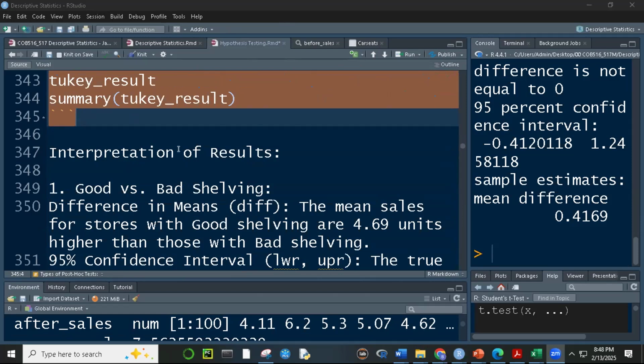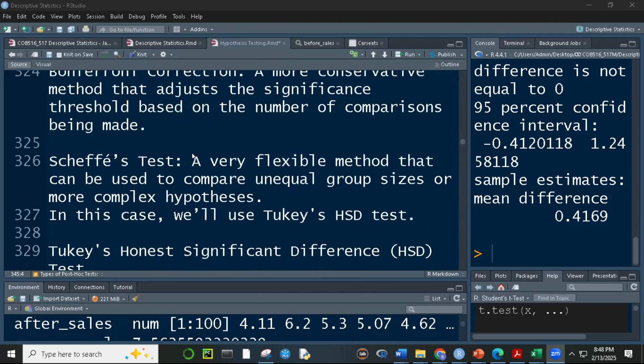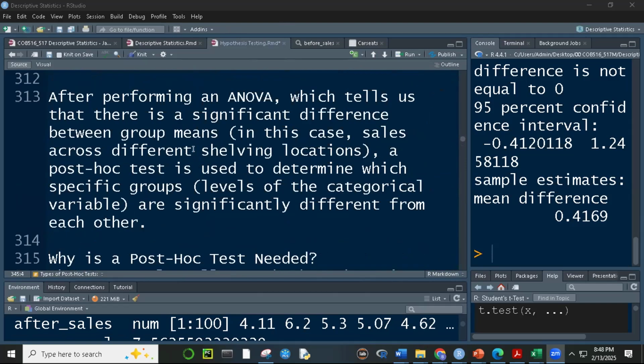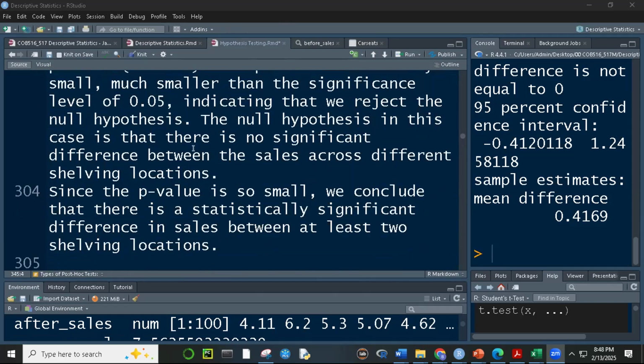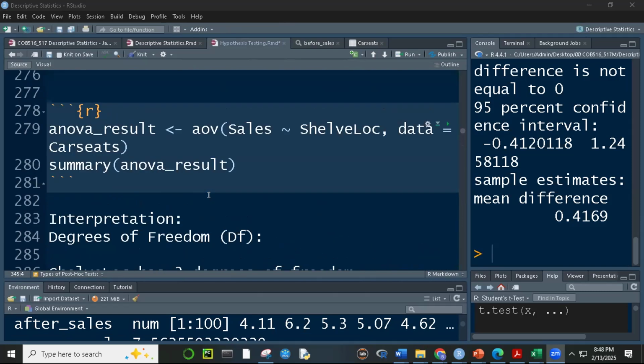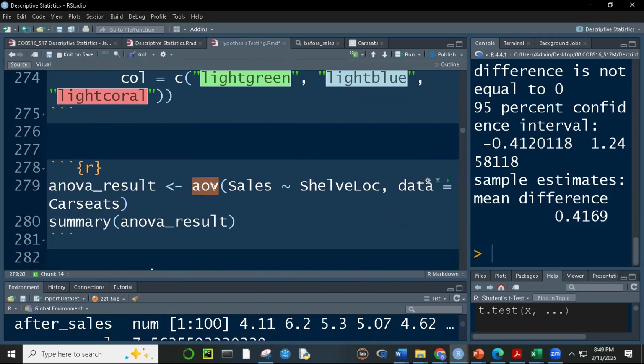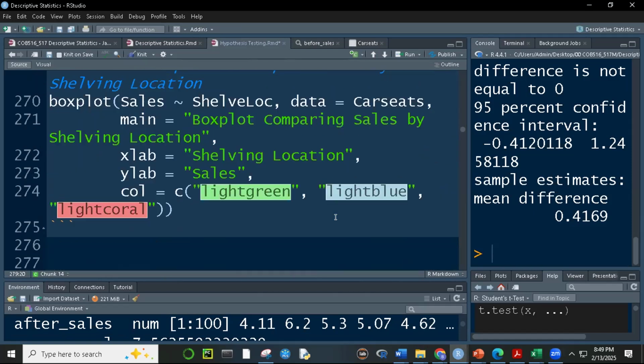So I gave you the code already. I suggest that you take a look at this. It's the same data, and the notes are there, and even the explanation of the results are there. So if you run the code, class, especially this one, AOV, that's the ANOVA, analysis of variance, and get the result, the explanation is here.